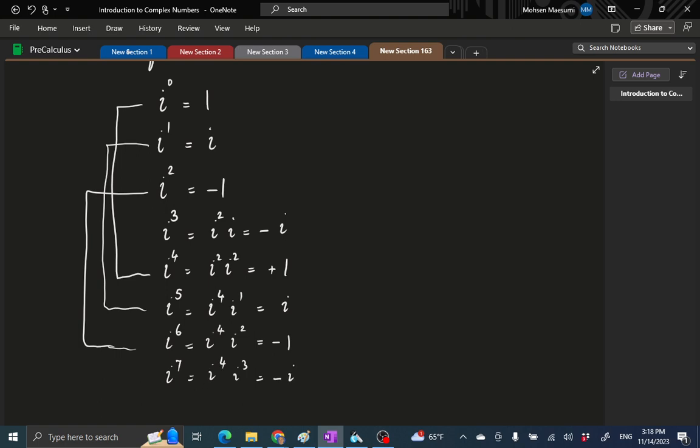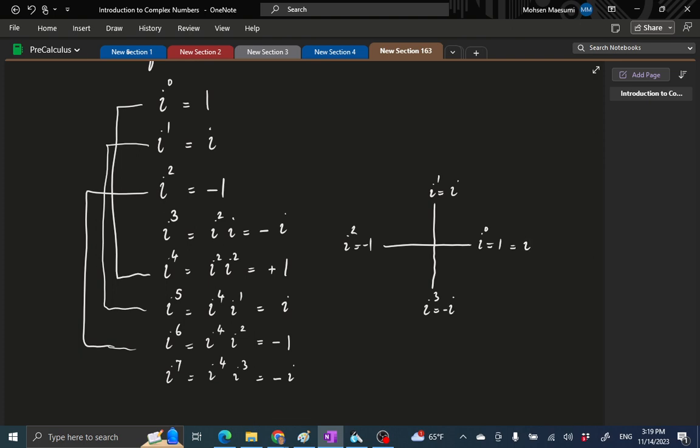What we learn is that we are going in a circle. After every 4 we are repeating ourselves. So let's make a wheel like this. i to the power of 0 is 1, i to the power of 1 is just i, i to the power of 2 is -1, i to the power of 3 is -i.